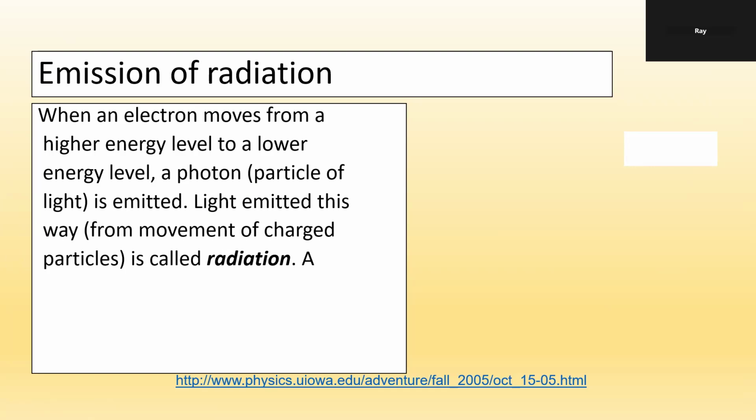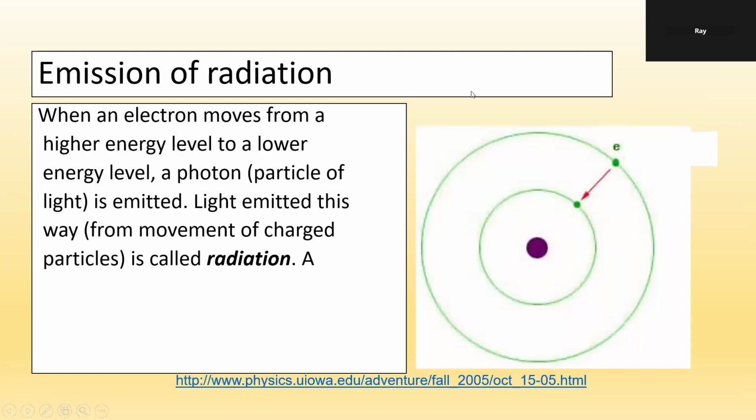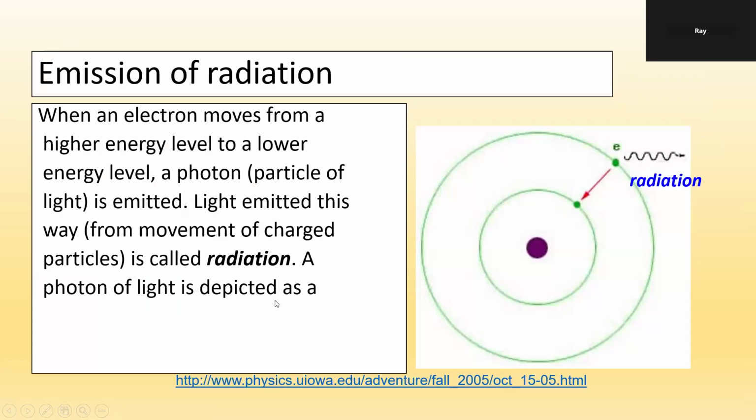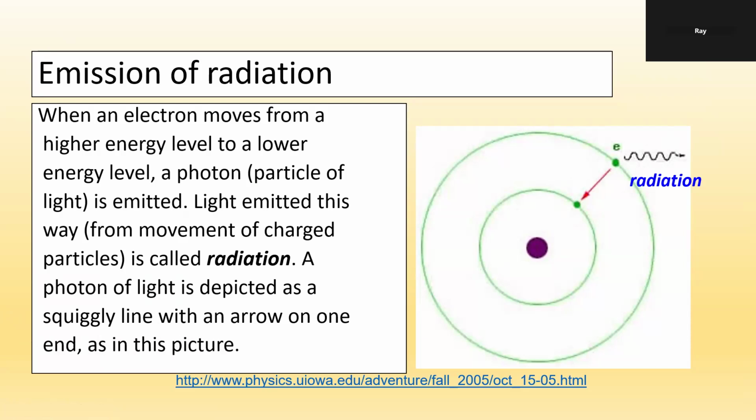Higher energy to lower energy. So we show electromagnetic radiation emitted. A photon of light is depicted as a squiggly line with an arrow at one end. That's what the author calls a squiggly line.